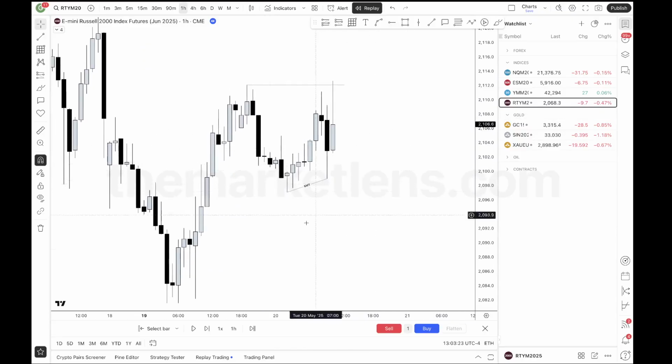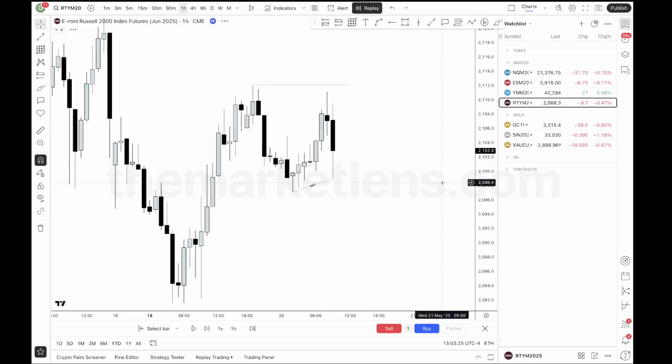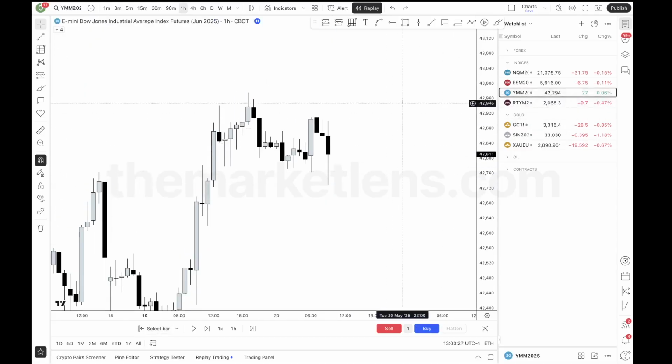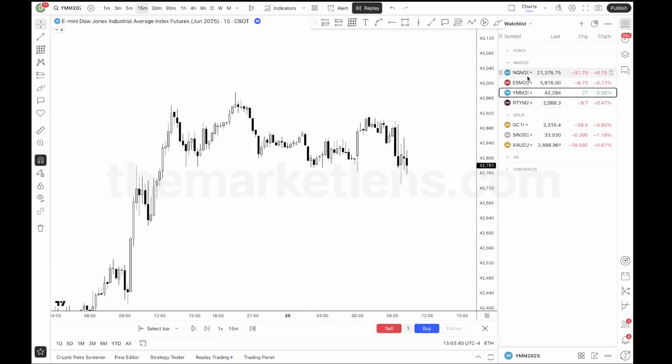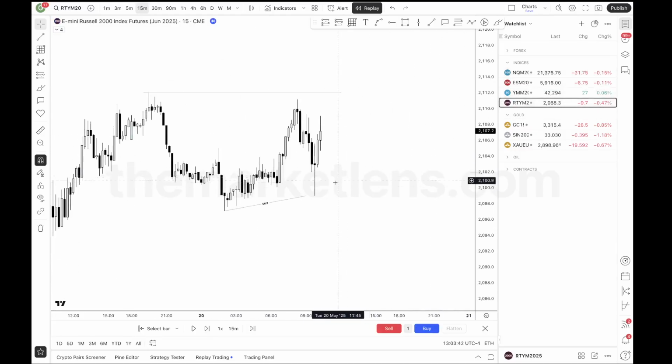But if you look here, for example, you have this SMT here. If I go into the 15 minutes or whatever, do you see how this asset is just bullshitting? It's more just consolidating, while this one over here is expanding. You see that?